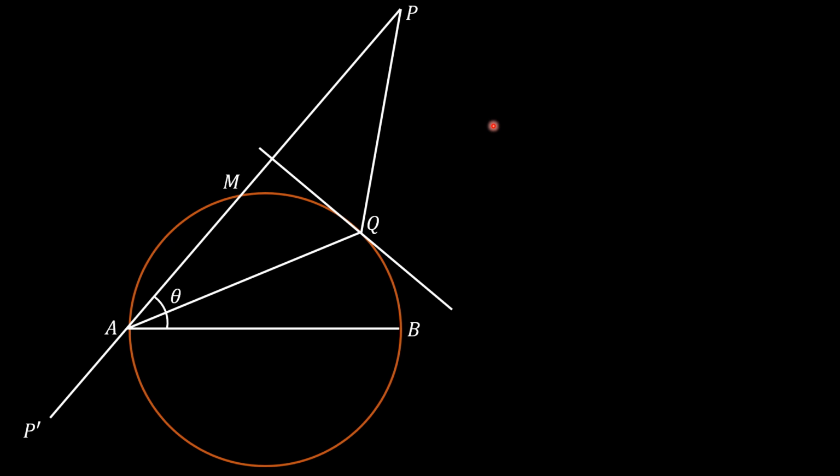That means that, let's begin with AM. M is a point on the base circle, and the angle AMB can be derived from the fact that AB is the diameter, and so the angle AOB, O being the center point, is 180 degrees.